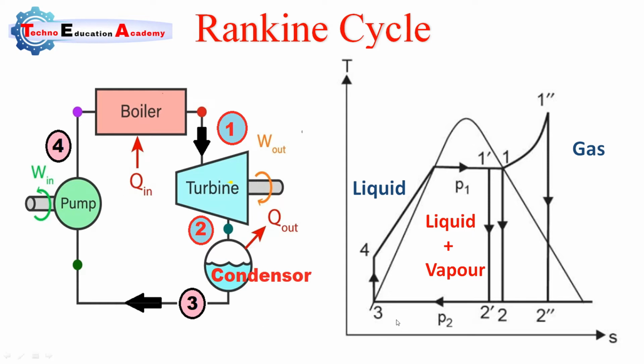We represent the process in the pump with a vertical line, because a vertical line represents constant entropy: isentropic compression in a pump theoretically, but practically adiabatic. Here we derive the equation based on the ideal Rankine cycle. These are the four processes that occur in different components of the thermal power plant, or we can say the Rankine cycle.